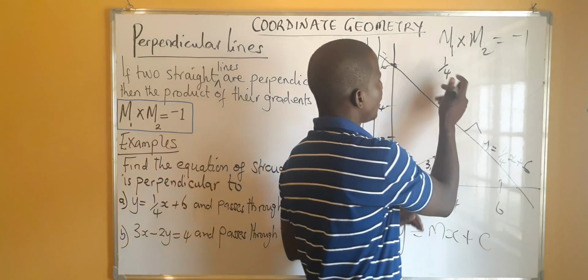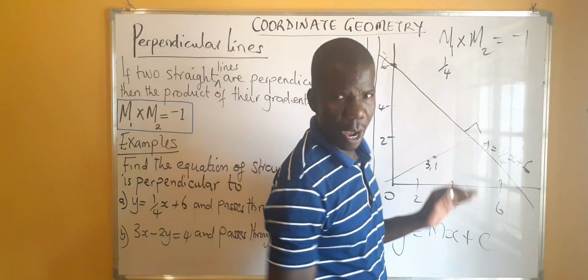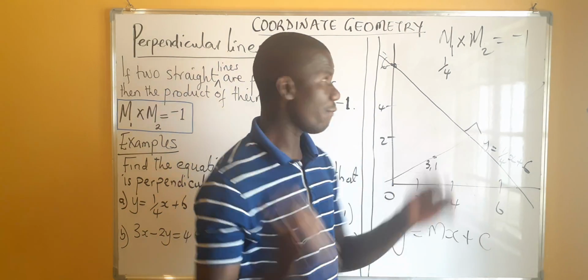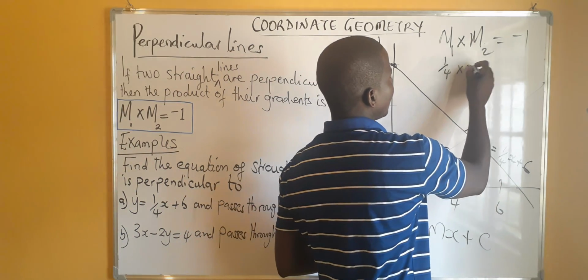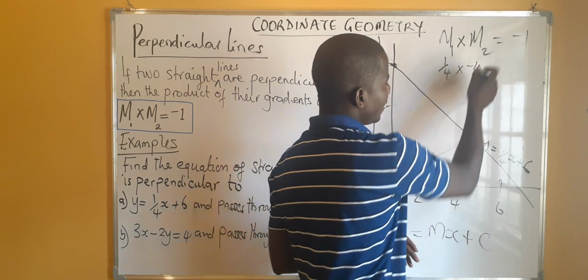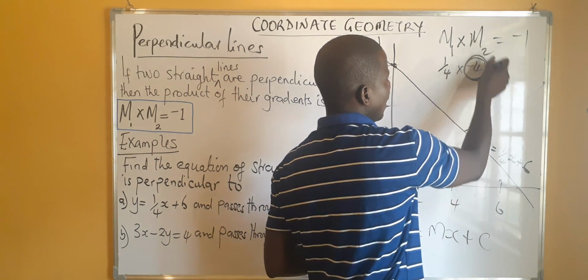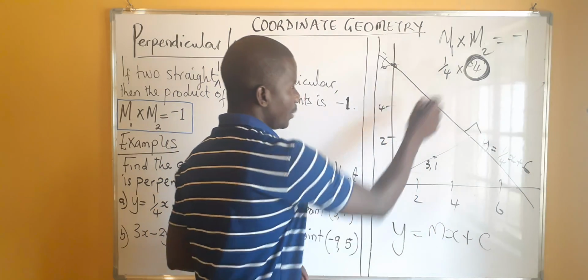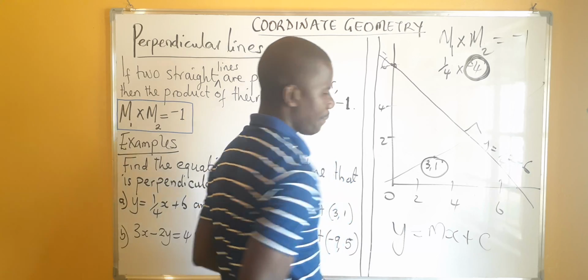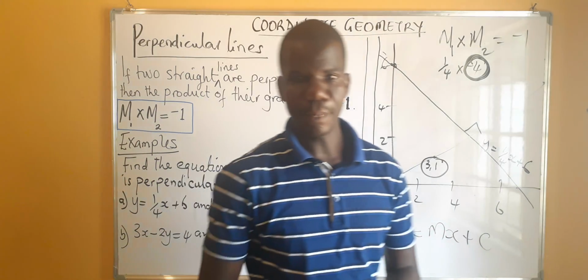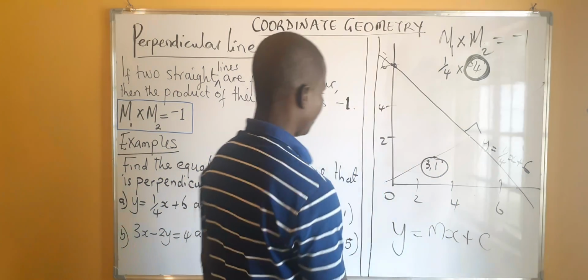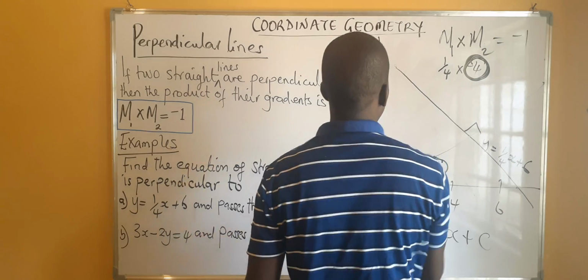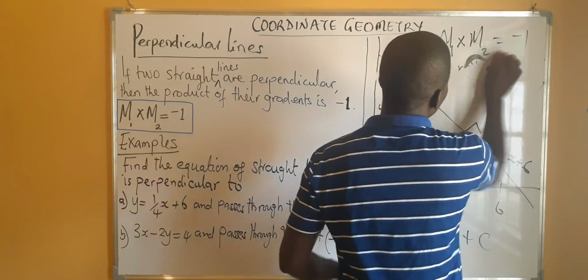The reciprocal of 1/4 is 4/1, which is the same as 4. So it is going to be -4 here. This is the gradient that we want. We'll use this gradient and this point to come up with the equation which is perpendicular to this one. All right? So please, I hope you are following.